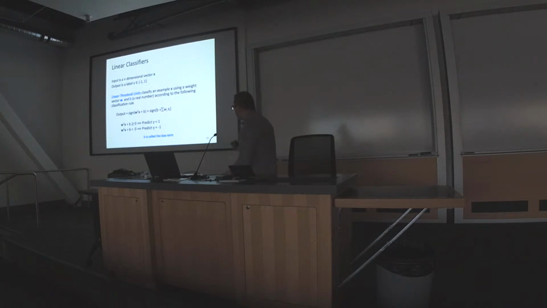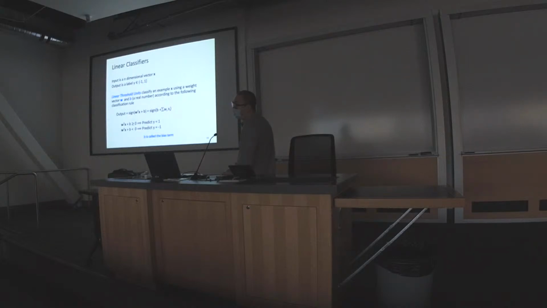We first compute a classification function or decision function, which is simply w transpose x plus b, the inner product between the weight vector and the feature vector plus a bias term b. Then we just look at the sign. If the sign is positive, you predict 1. If the sign is negative, you predict the label as negative. That's it.